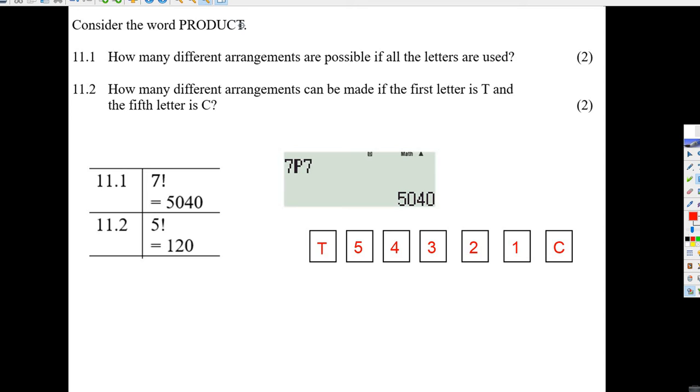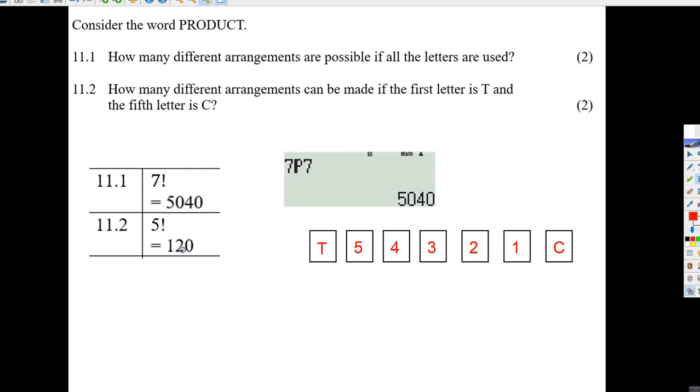Now you think, okay, I've used up the C and the T. How many letters are left? 1, 2, 3, 4, 5. I'll have 5 choices. I don't have any choices with the T and C locked in like that. But then I have 5 letters left. And then once I choose a letter, I'll have 4, then 3, then 2, then 1: 5 factorial, or 5P5.